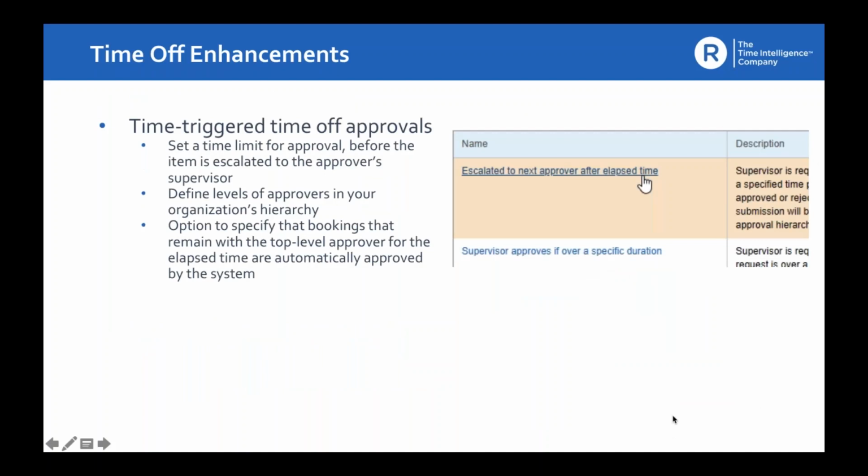So one additional enhancement that we just rolled out last month for time off customers in our new product suite is called the time triggered time off approval. This can allow you to escalate to the next approval after elapsed time.